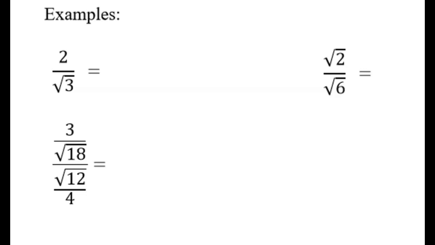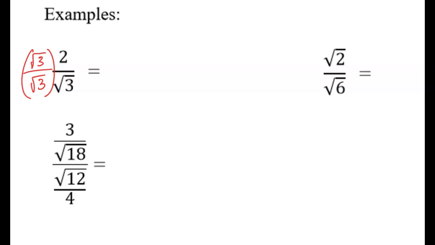So squaring it would actually change the size or the magnitude of the value. Yes, exactly. Multiply both the numerator and denominator by the radical, which means we're basically multiplying by a fraction equivalent to 1. Square root of 3 over square root of 3 simplifies down to 1. We're not changing the size, the value of my fraction.